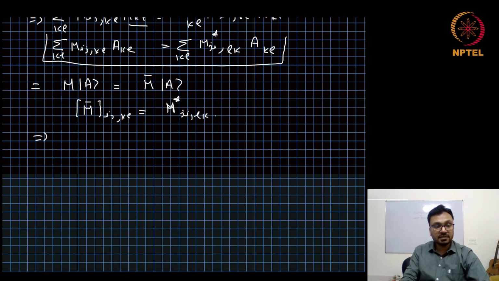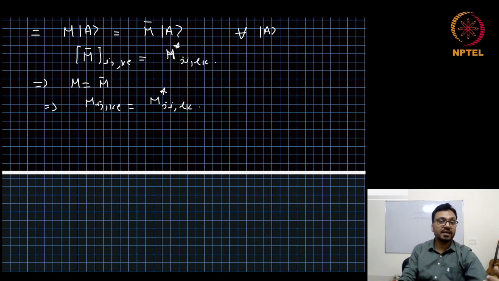So if we remember our linear operator lecture, this is true for all the Hermitian vectors A. If such conditions are met, then M must be equal to M bar. This implies that M_ij,KL must be equal to M star_JI,LK.